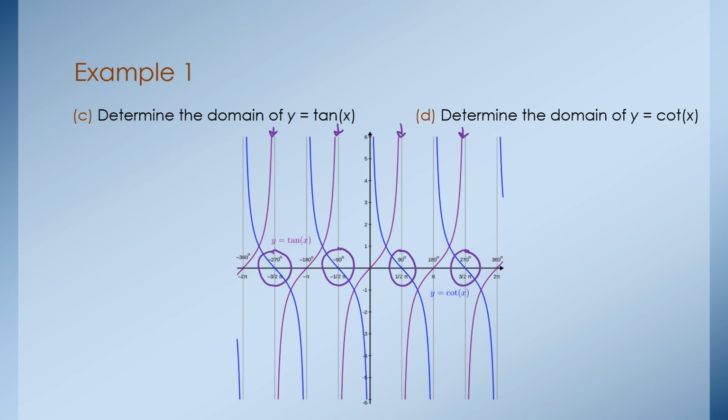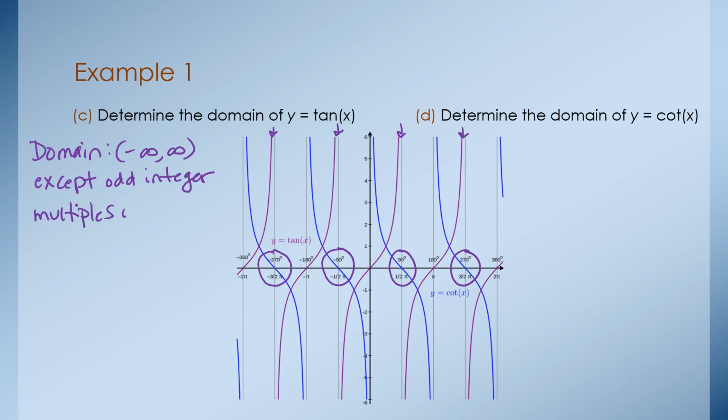And so I'm going to say that the domain is all real numbers except, looks like I have that odd integer business again, don't I? Except odd integer multiples of pi over 2 or 90 degrees.